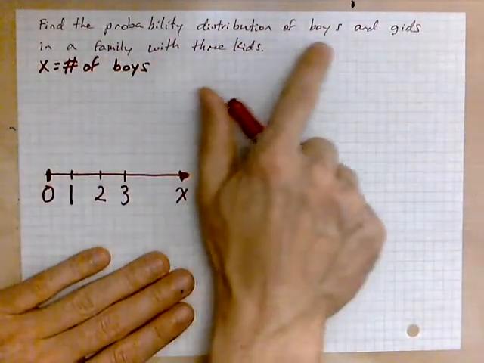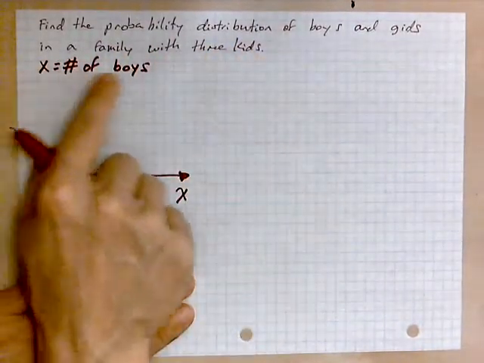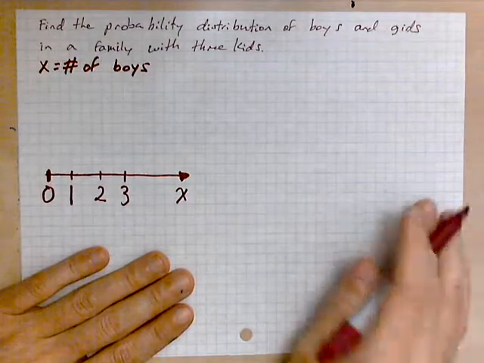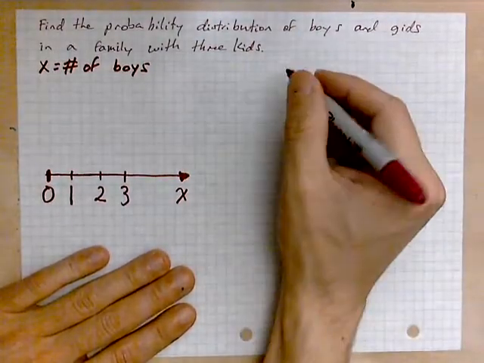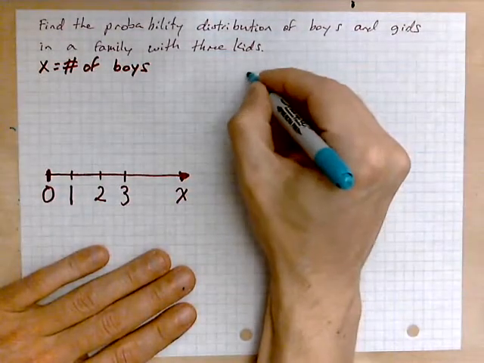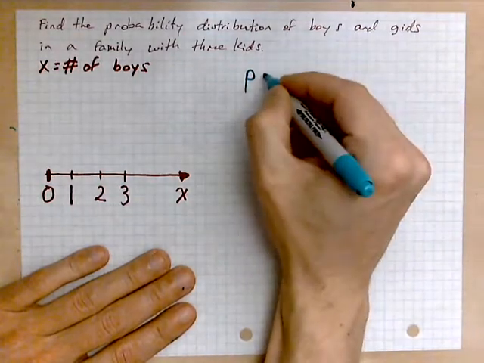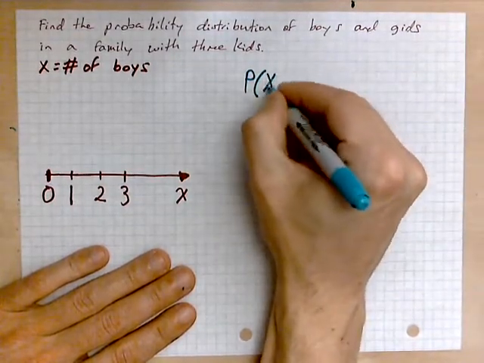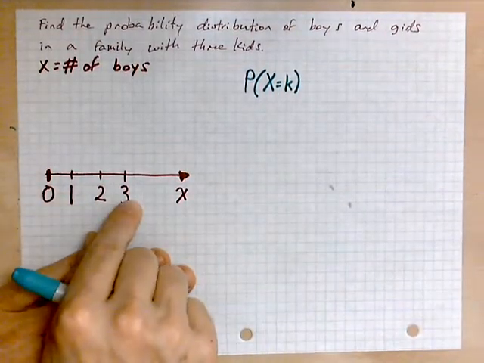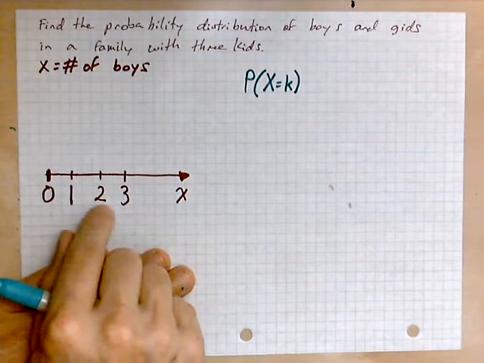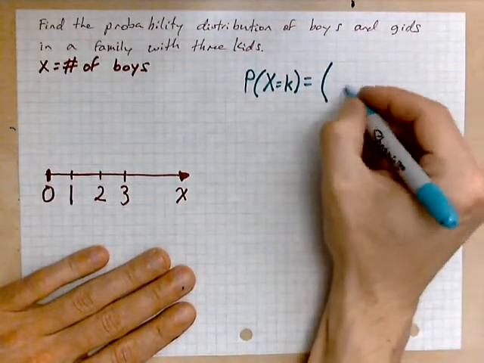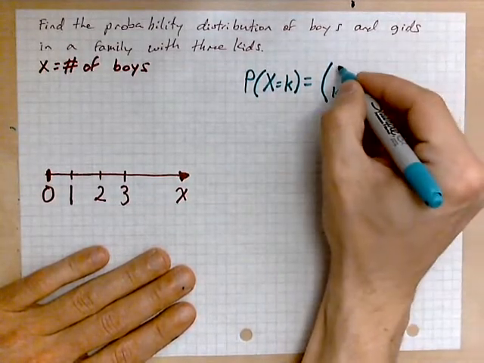So, find the probability distribution of boys and girls in a family with 3 kids. X is the number of boys. These are the possible values of the random variable x. And now, let's set up the probability function that goes with this. I want to use a different color here for the sake of variety. The probability that x equals some specified k, and k is one of these values, 0, 1, 2, 3, is given by 3 choose k, where 3 is the total number of trials.